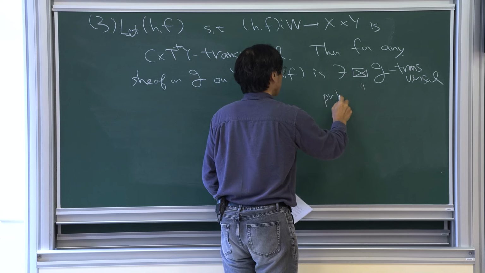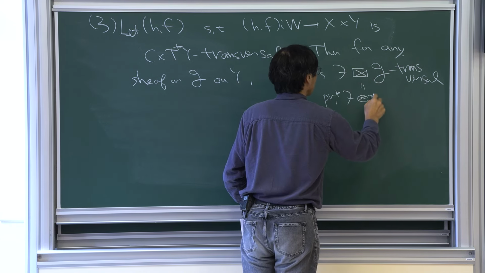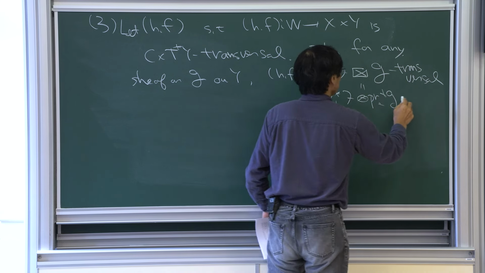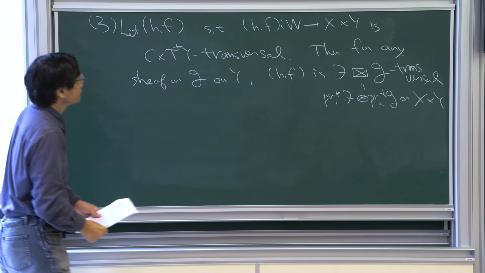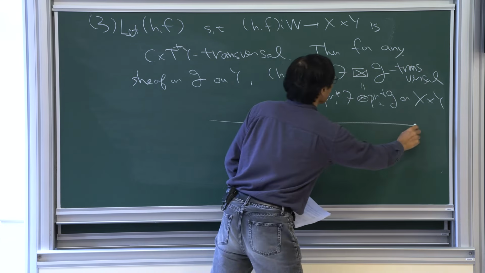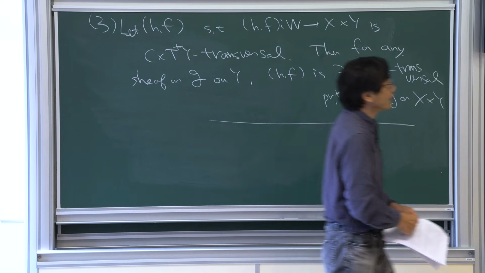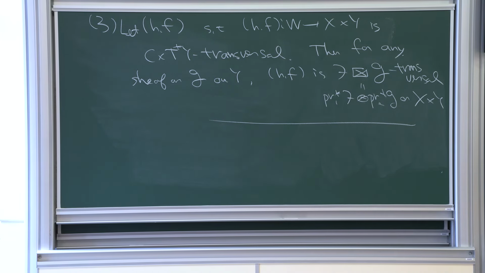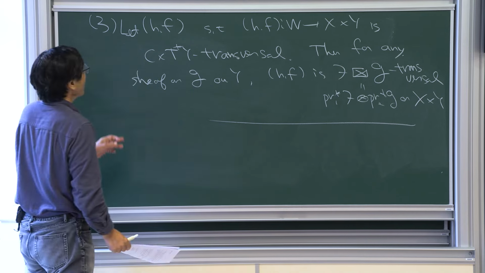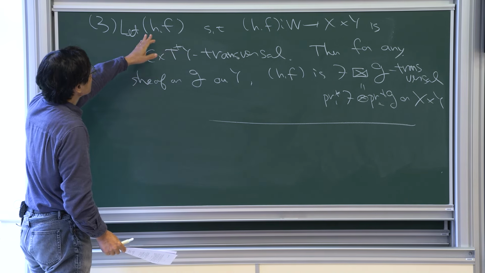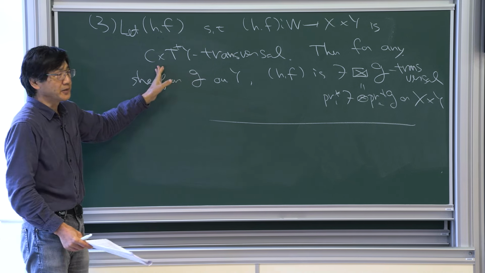This is just pullback one star F tensor pullback two star G, so this is living on X cross Y. So the condition on this h and f can be stated like this using transversality.